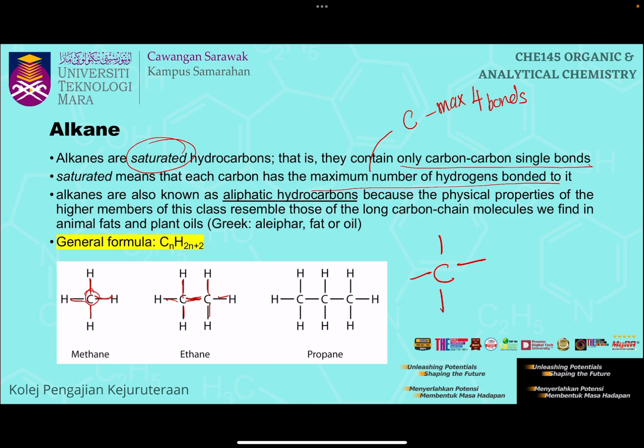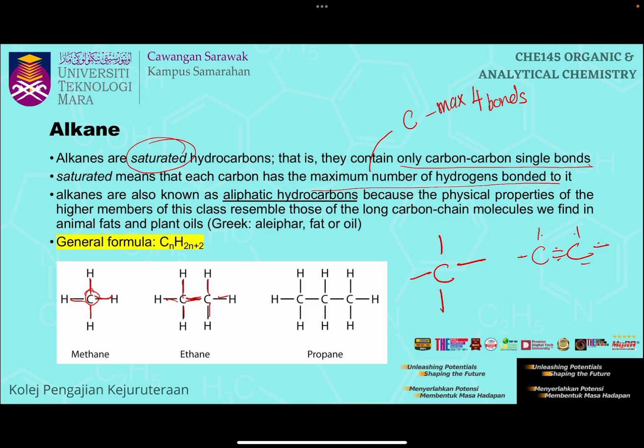Even in an unsaturated compound, when you have an alkene, it will be a carbon-carbon double bond, and then you have 1, 2. So that makes 1, 2, 3, 4 bonds. That's the max. Same goes for this one, there will be 1, 2, 3, 4. So this carbon will also have a maximum of 4 bonds.